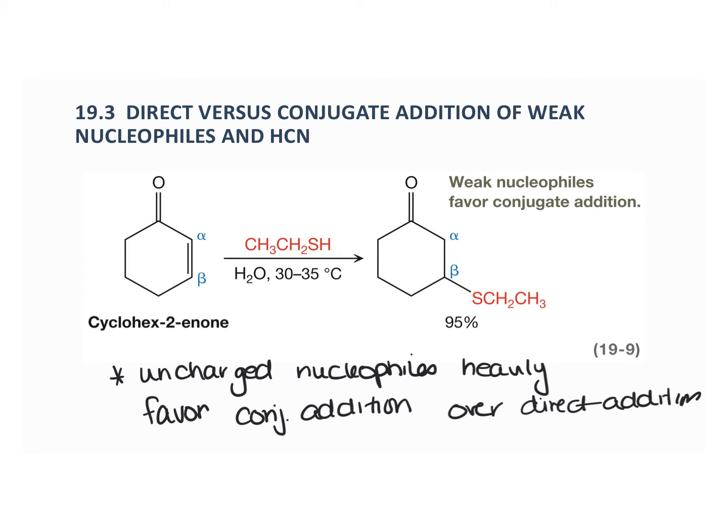Right? And so we can see that here. So remember that conjugate addition is the 1,4 where the nucleophile is added to the beta carbon. And so that's the product that we see here at 95%. Okay, and so we get 95% of that product. Let's look at the mechanism for how this works. So when we look at this mechanism, let's start by drawing our molecules.